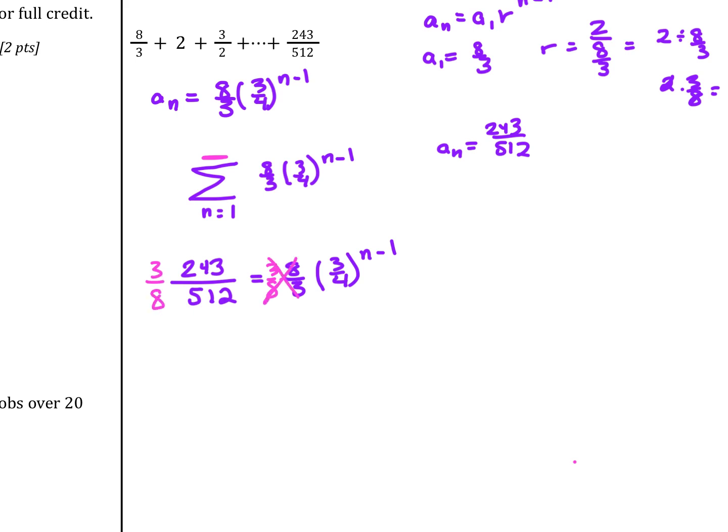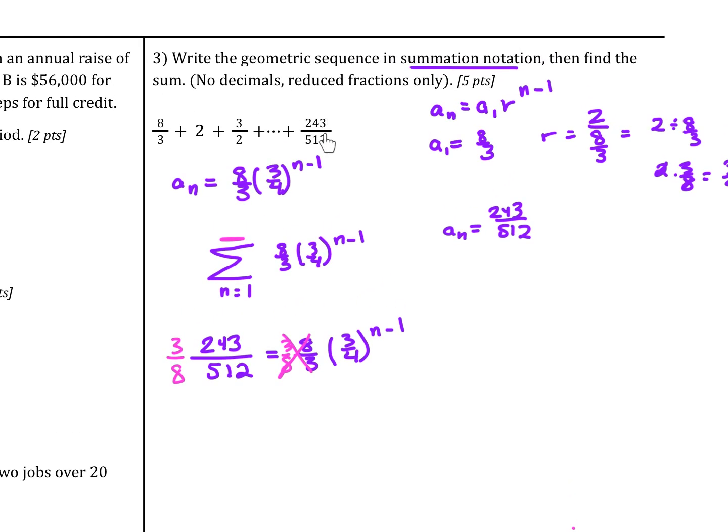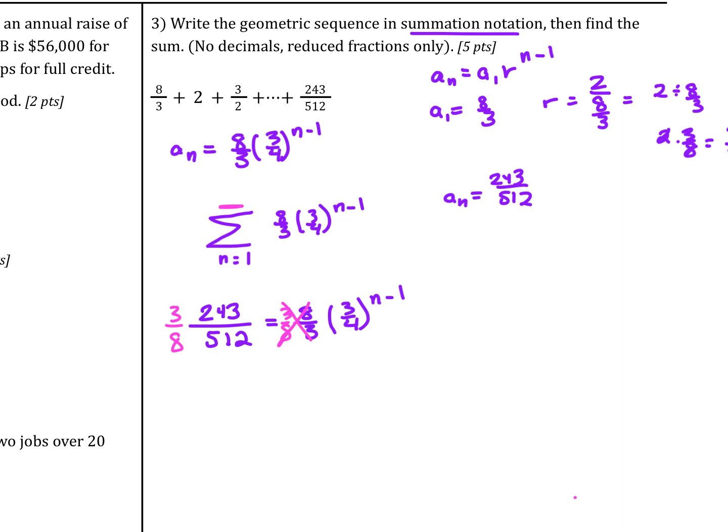So that cancels it out. Now really what I know is that because 243 over 512 is part of this geometric sequence, the numbers are going to come from here. Meaning that I'm going to have 243 and 512, and I should be able to make the same base with what I have on this left side. So what I want to do is go ahead and break it down instead of multiply. I want to get down to where I have 3 fourths raised to some power on the left.